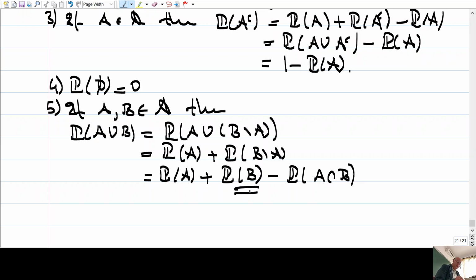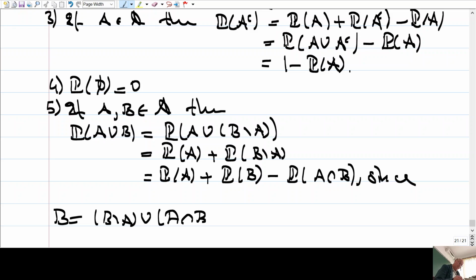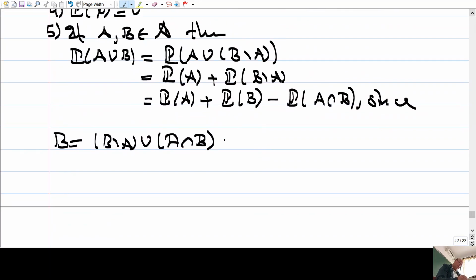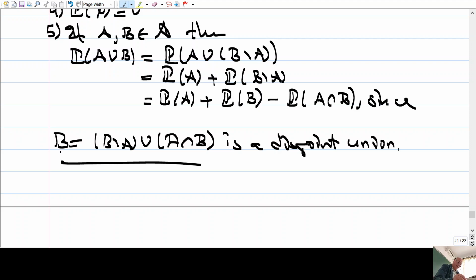Because B is the disjoint union of B minus A and A intersection B. So since this is a disjoint union, the measure of B is the sum of the measures.